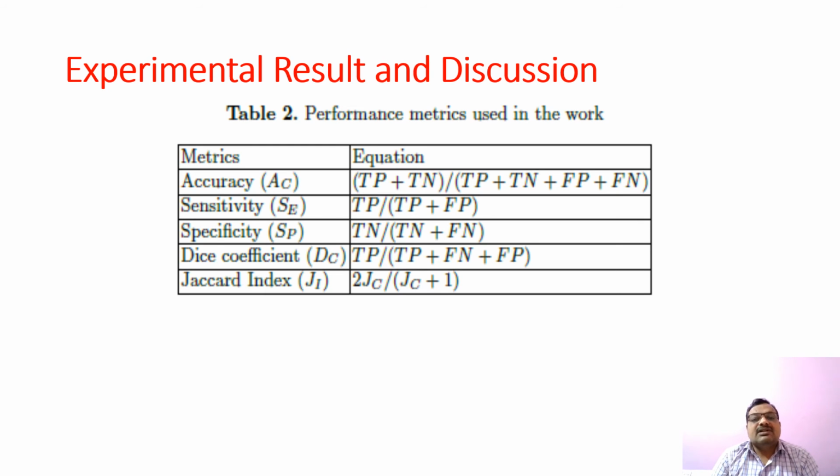So for this we use the performance metrics. Accuracy is defined by TP plus TN divided by TP plus TN plus FP plus FN. Sensitivity is TP upon TP plus FN. Specificity is TN upon TN plus FP. Dice similarity coefficient is 2 TP upon 2 TP plus FP plus FN, and Jaccard is 2 Jc upon Jc plus 1. Here TP is true positive, TN true negative, FP false positive, and FN false negative.